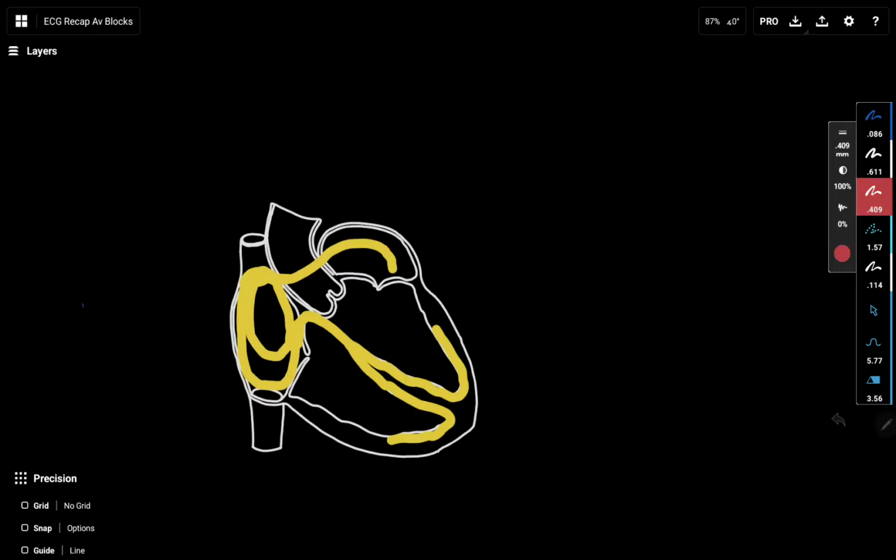Moving on. The next one we're going to look at is, quite naturally, our second degree AV block, type 1. Also known as Mobitz 1, or also known as the Wenckebach phenomenon.